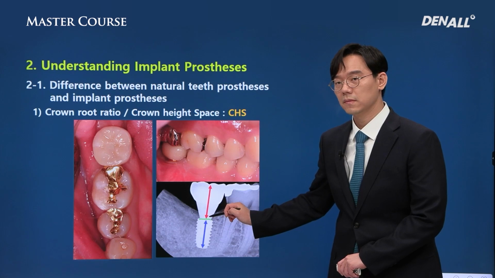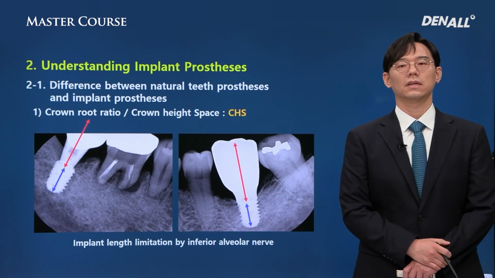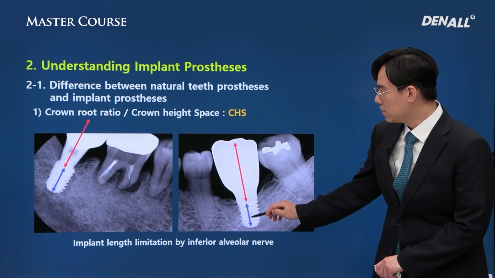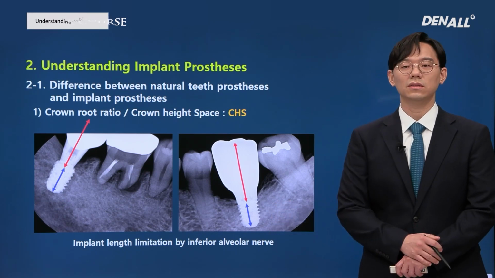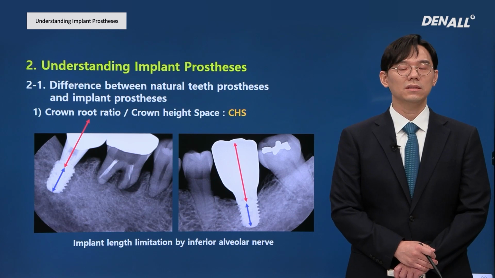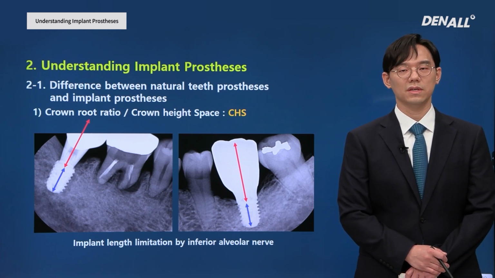So you can see the different ratio of crown and root. As mentioned in blue, just because the blue increases does not mean stability go up proportionally. Due to anatomical limitation, when long implants cannot be placed, you can use short implants.